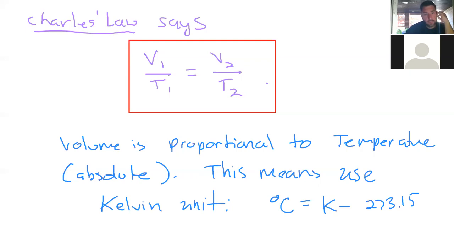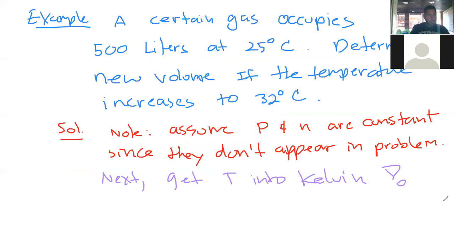So you need to take 273.15 and add it to 25. And when you do that, T1, our initial temperature, was 25 degrees Celsius, and that is equal to 298.15 Kelvin.